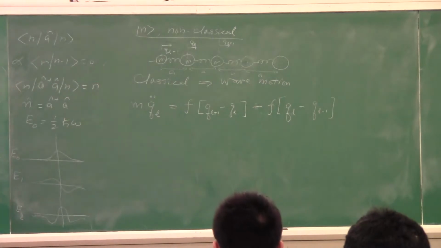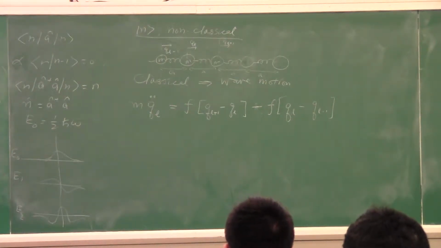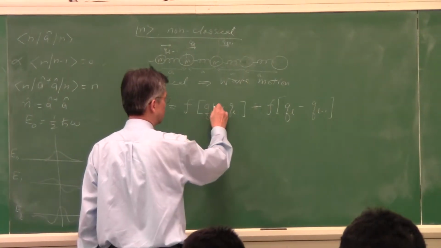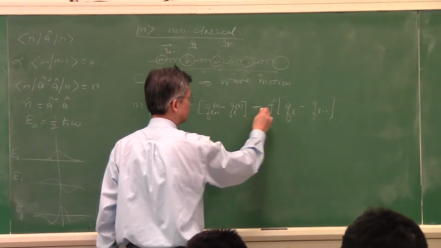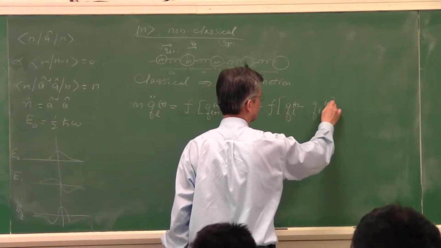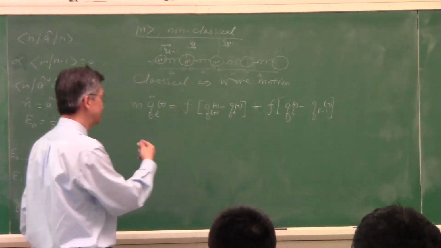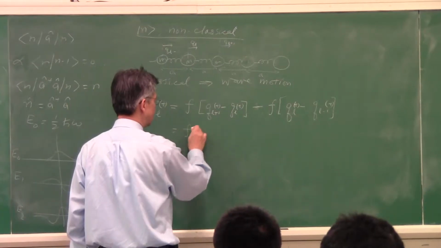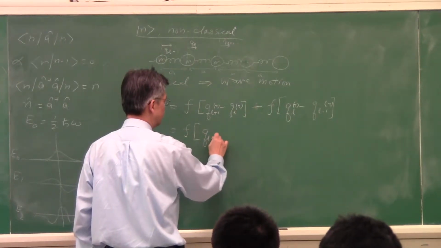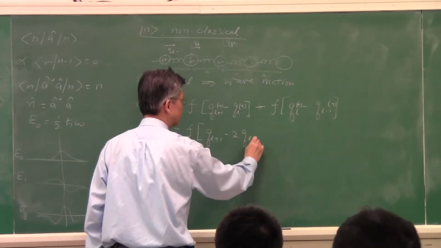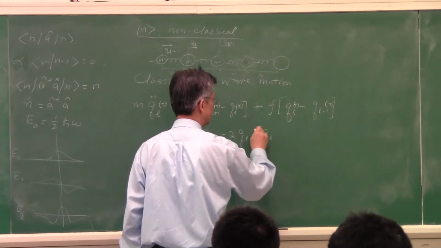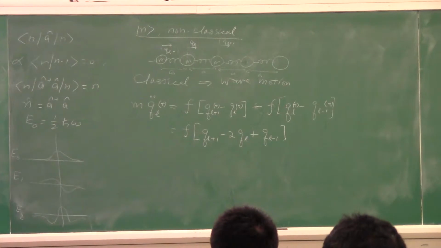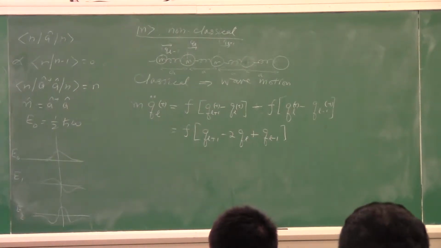So the equation of motion can be written as such, where all these are assumed to be functions of t. This can be consolidated as just F times (q_{l+1} minus 2 q_l plus q_{l-1}), where l indicates the position of the particle.